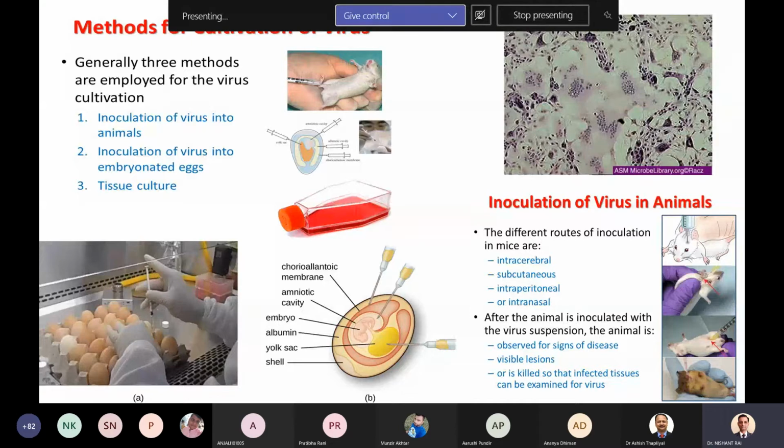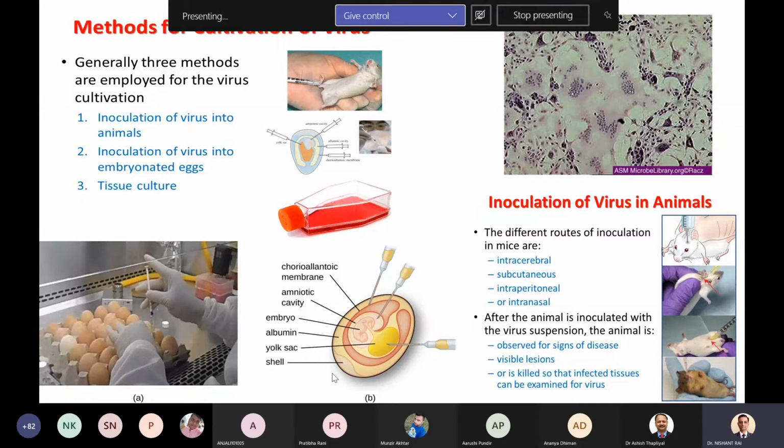In case of an embryo, or fertile egg, it is called the embryonated infectious dose, EID, and it is calculated by the Reed and Muench method. Just to understand, virus doses are determined and called LD50, EID50, or TCID50. So a suitable dose of virus is injected.